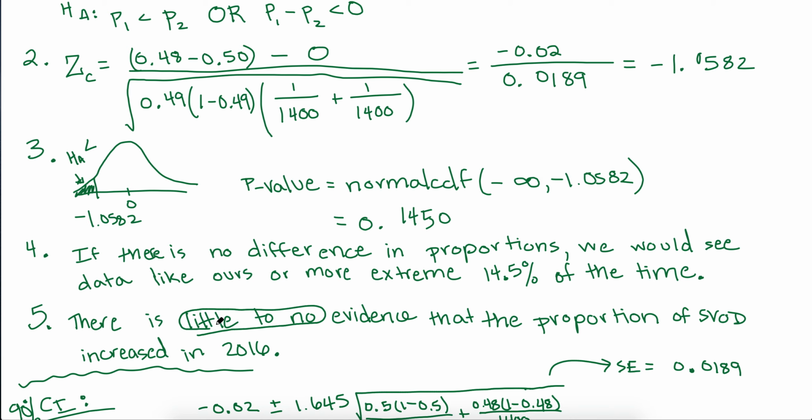Go back and flip in your notes if you need that reference again on the bottom of page 68. We have a big p-value, so it's not rare enough to have evidence for HA. And remember, HA is that the proportion of subscription video on demand services is bigger in 2016. We don't have evidence for that.